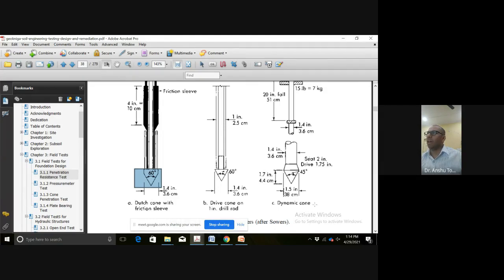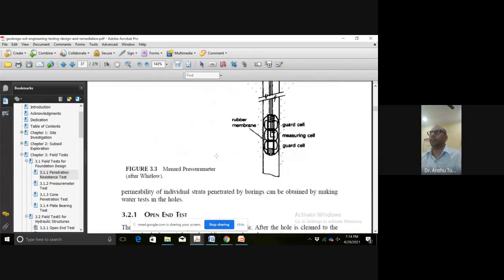Then the C1 is a dynamic cone. You can see we have got a difference here, and this is a straight one. So when this is going to go down, the soil displaced from here will already be loose soil when it is transferred from here to here. So it will become a little bit of a different kind.